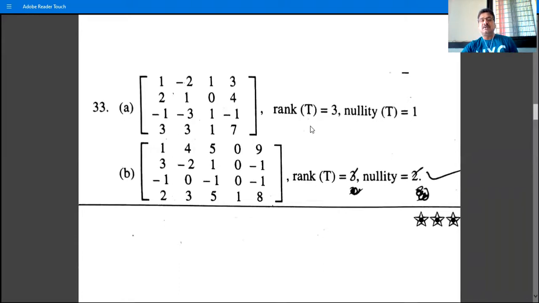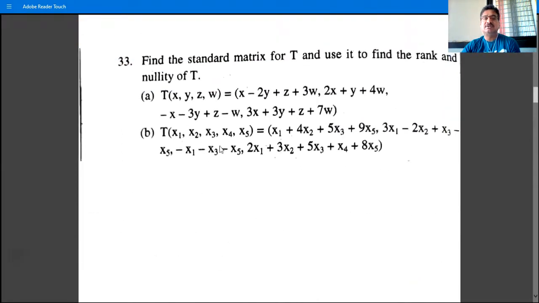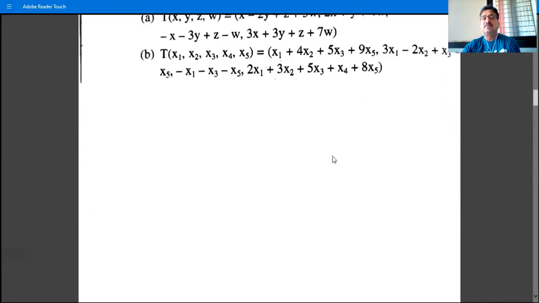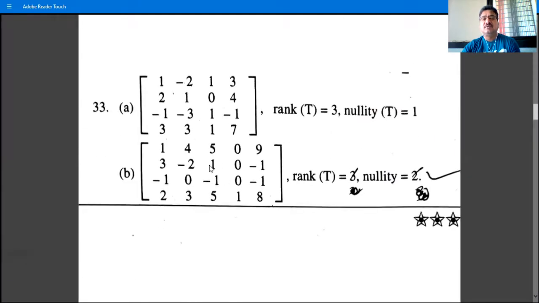So if you observe the previous one, example number 2, this is from R5 to R4, and this is the standard matrix. The rank of T is 3 and the nullity of the linear transformation T is 2. And if you observe, for the matrix, rank plus nullity is equal to what?